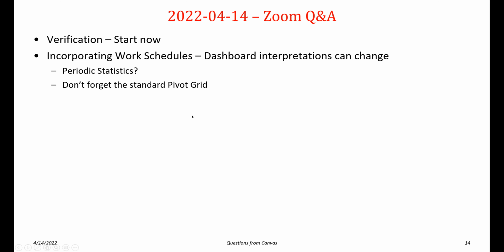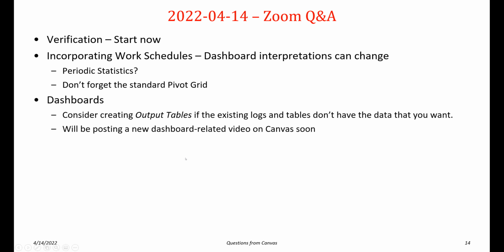Then I have something I want to point out for dashboards. First of all, consider creating output tables. The dashboards we've seen so far use the logs that are created and the data tables, but don't forget that you can also create output tables. If there's something you'd like to use in a dashboard but that information is not available in any of the tables we currently have, you can create an output table.